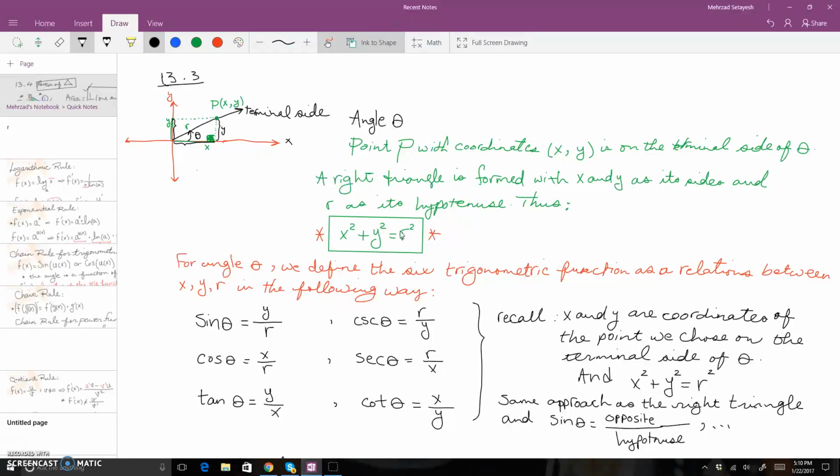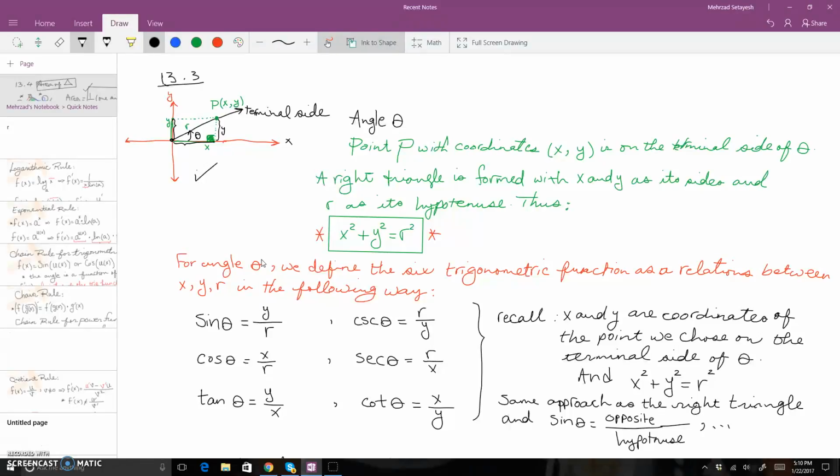Very important to keep in mind that x and y are the coordinates of the end point on the terminal side of the angle, and r is the hypotenuse that we are making. In other words, it's the distance from the origin to the point P on the terminal side of the angle theta. So keep understanding what x, y, and r represent, keeping this picture in mind always.